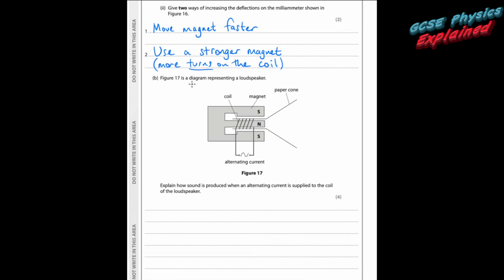Part B. Figure 17 is a diagram representing a loudspeaker. Explain how sound is produced when an alternating current is supplied to the coil of the loudspeaker. Right, well, this alternating current will produce an alternating magnetic field in the coil. Now that coil is already inside a magnetic field.